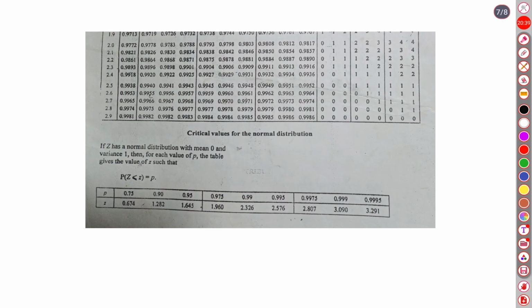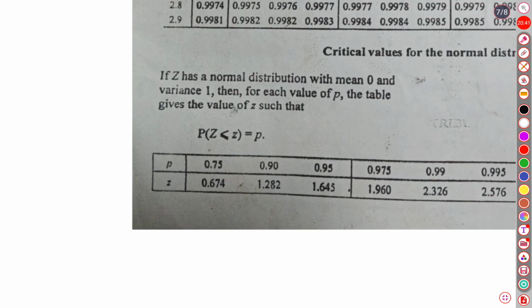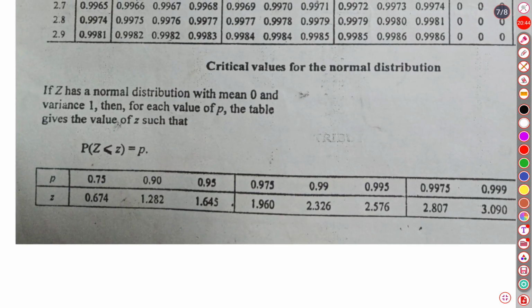Our probability is 0.75. Look at this at the bottom of the page table. When the probability is 0.75, what is the corresponding z-score? This is our probability 0.75, and the corresponding z-score is 0.674. So we are going to write 0.674. We are not searching for probability, we already have the probability.